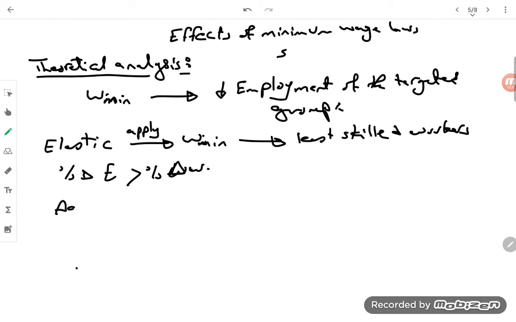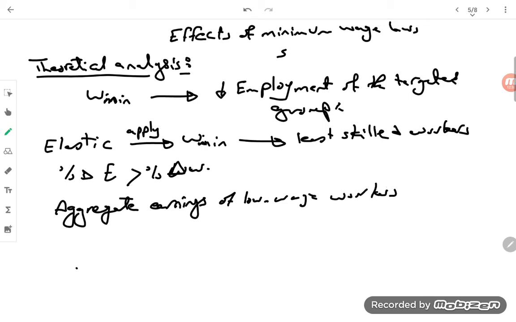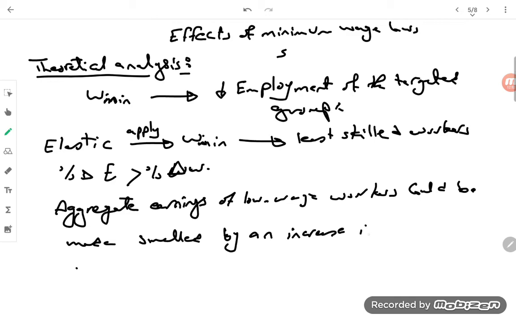So aggregate earnings of low wage workers could be made smaller by an increase in minimum wage rate. So if the government is going to increase the minimum wage rate, the aggregate earnings of low skilled workers is going to decrease.